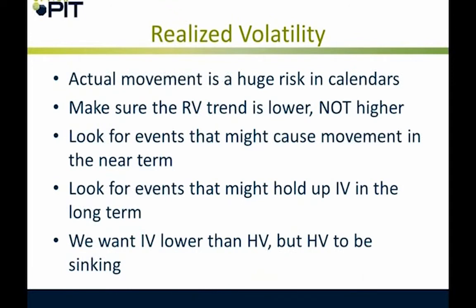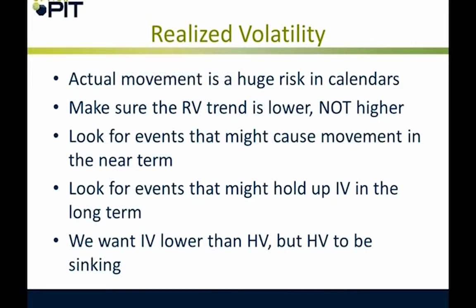So realized volatility. Actual movement is the big risk in calendars. So you want to make sure that the trend is lower. Movement should be falling, not increasing. Right, that's key. All right. Look for events that might hold up IV in the long term.